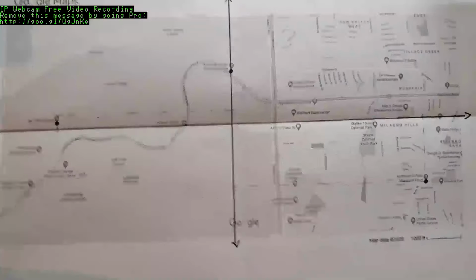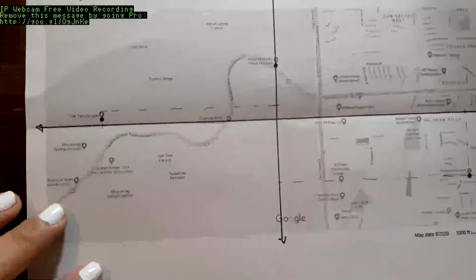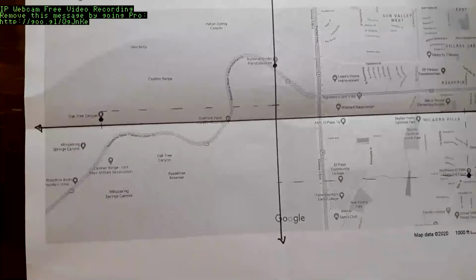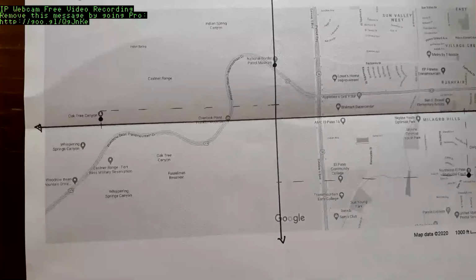Let me go ahead and zoom out a little. On this map, you're going to be making a quarantine zone. So it's like the zombie apocalypse, and you have to make your own quarantine zone where your zombies can't get to you and eat your brains.